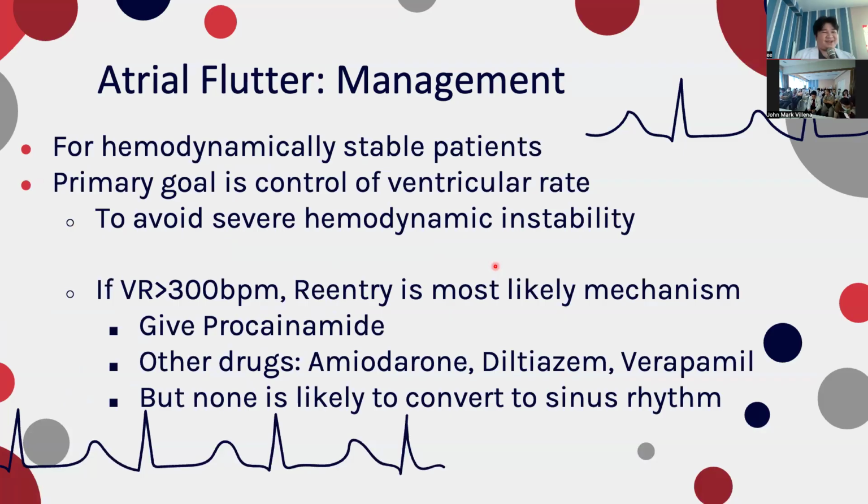For hemodynamically stable patients, the primary goal is to control ventricular rate to avoid severe hemodynamic instability. If ventricular rate is more than 300 beats per minute, the AV node is most likely not the mechanism. So we can give procainamide and other drugs such as amiodarone, diltiazem, verapamil.